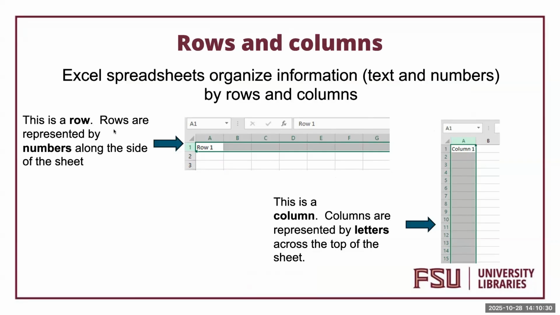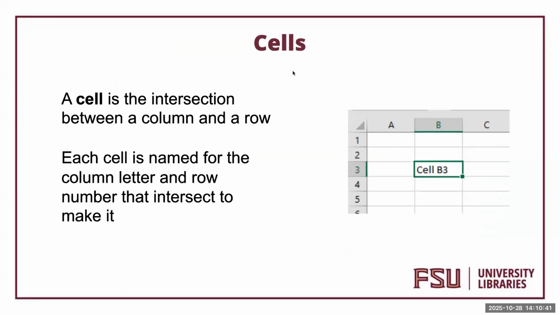And then your rows are a horizontal set of values, and these are represented by numbers. And then a cell is the intersection between a column and a row, or sort of the address, if you will. Each cell is named for the column letter and row number that intersect to make it.